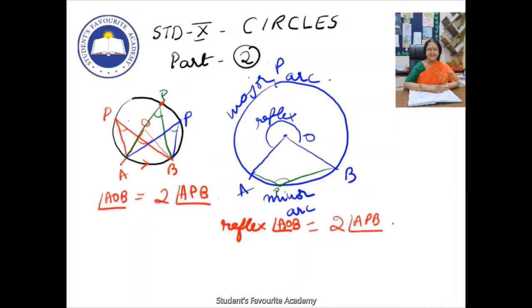So that is the theorem I explained to you along with the proof also.